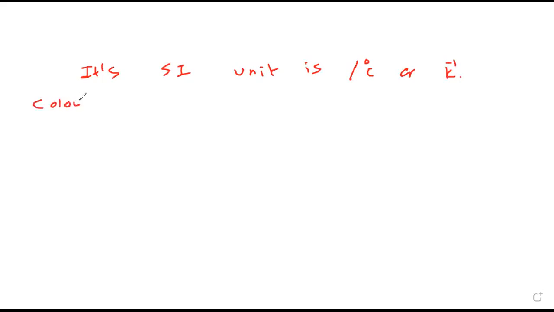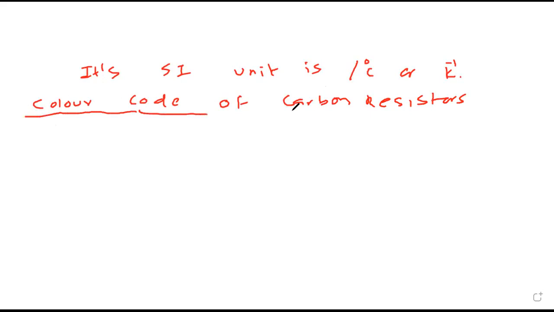Next heading, color code of carbon resistor. Very important. One question is fixed on this in numerical or in MCQ. Color code for carbon resistor. That means with color coding we can find the value.